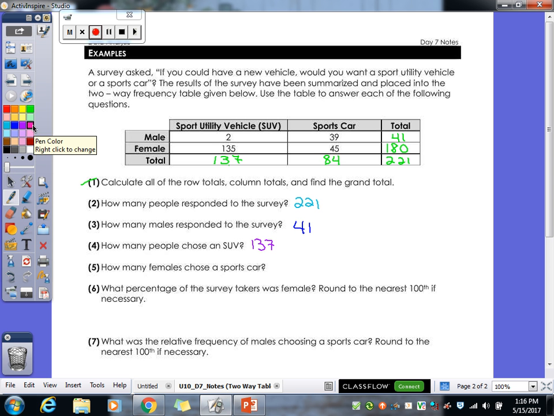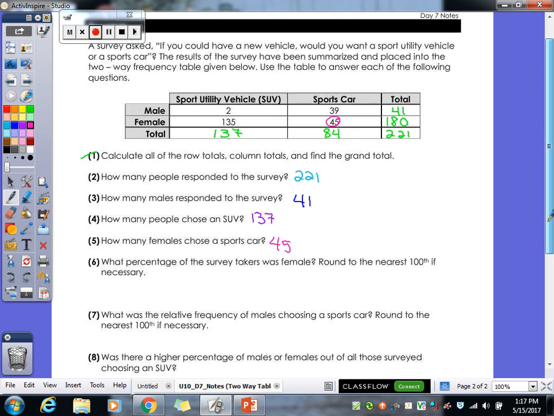And then how many females chose a sports car? 45. You were looking at females who chose a sports car, so that would be our 45. So those ones are easy. When they just ask you how many, you just look at the table and get that number off the table.